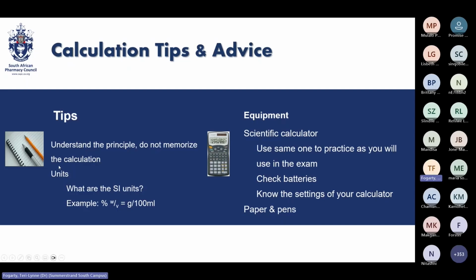The second thing we want to remind you of is that we have SI units, and you will see this a couple of times in your exam. You'll see a percentage and then W over V, and you need to understand what that W over V means.